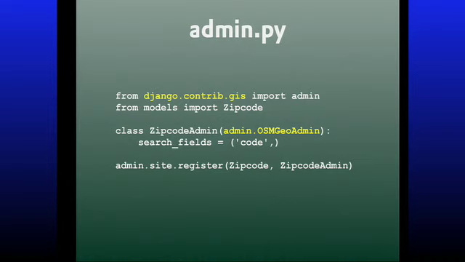There's also the OSMGeoAdmin, which requires you to install the Google projection into your SpatialReference table, which will be in the docs. But if you don't want to use that, then you can use admin.GeoModelAdmin, which is simpler. The OSMGeoAdmin is really good because you actually get a street layer there. The other one is very simplistic, so you don't get as much.